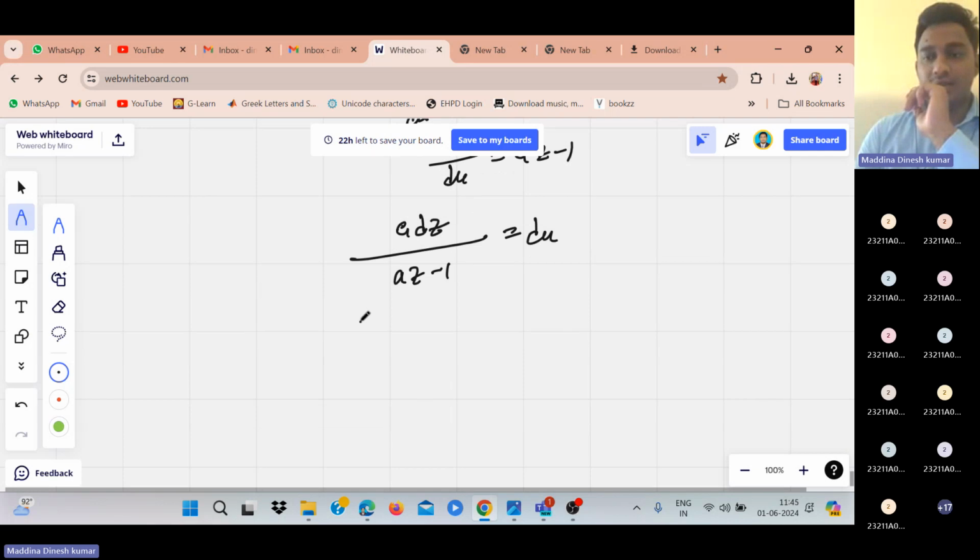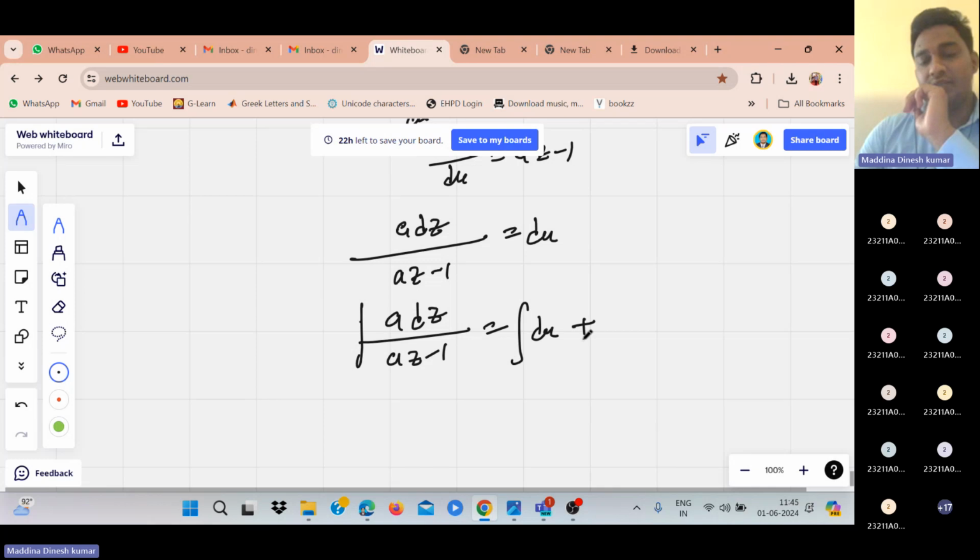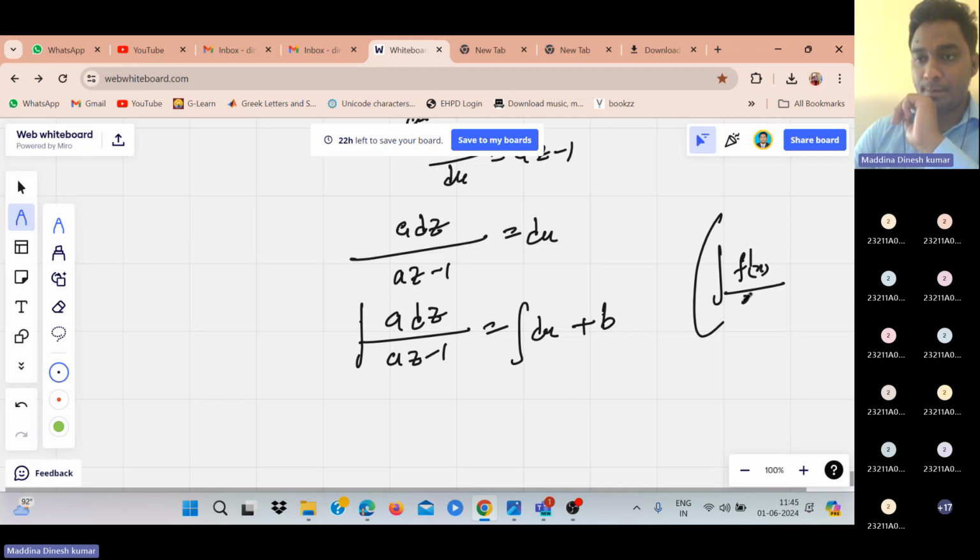Now applying integration, we get the integral of a dz by az minus 1 equal to the integral of du. It is an indefinite integral, so I am going to write here a constant b. Here one formula will be useful: the integral of f dash of x by f of x dx equals log of f of x plus c.